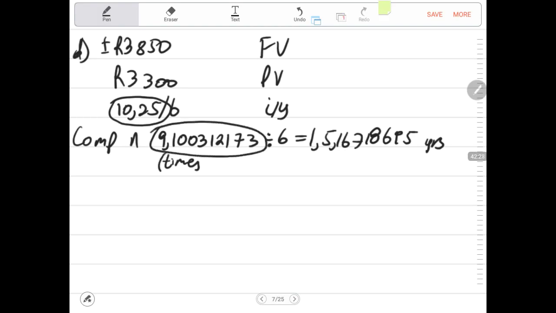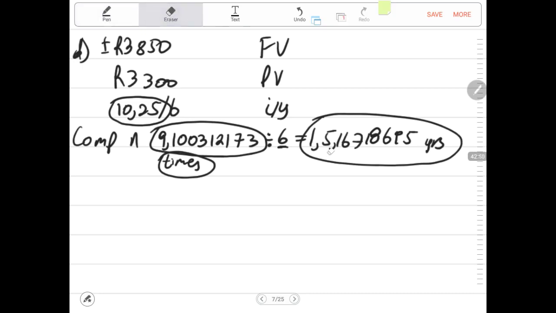This is the times in which the interest was compounded. Therefore, that number divided by 6, which is the number of compounding periods in a year, will give us the years, meaning this amount must have been invested over the period of 1.56 years. So now this is the final answer.